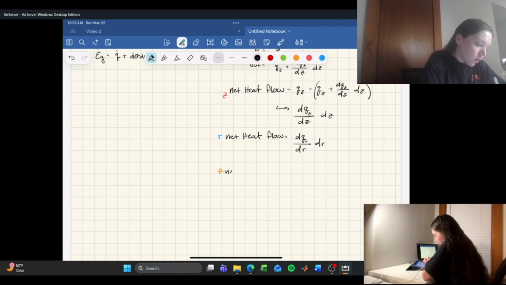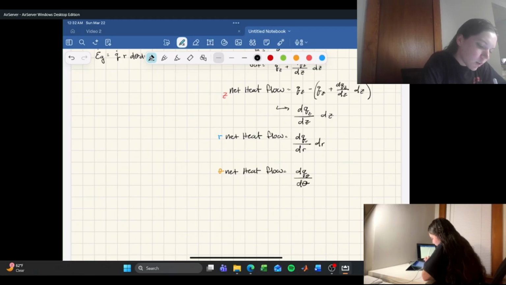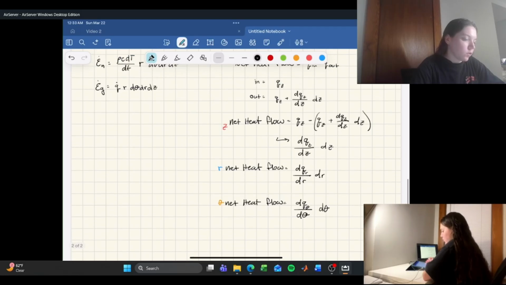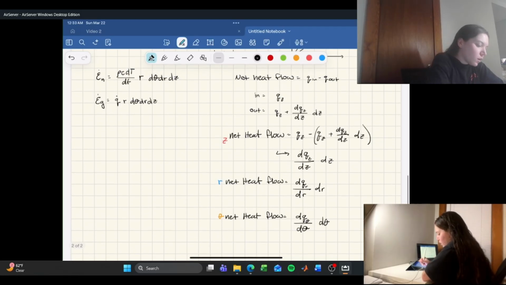So the net heat flow is equal to the change in heat flow theta over d theta times the change in theta. And then these, we can relate all of this together because we know that the energy stored is going to be equal to the energy generated plus the net heat flow of all of these.